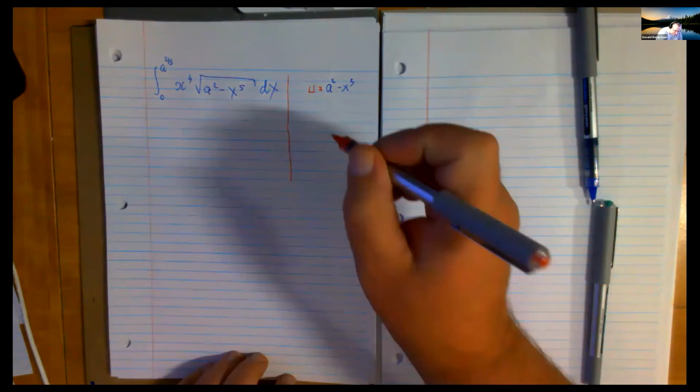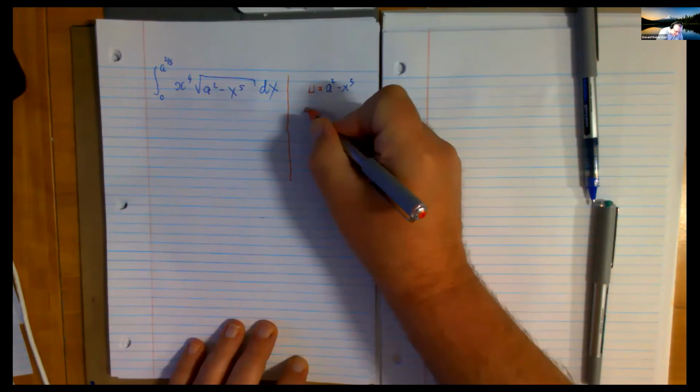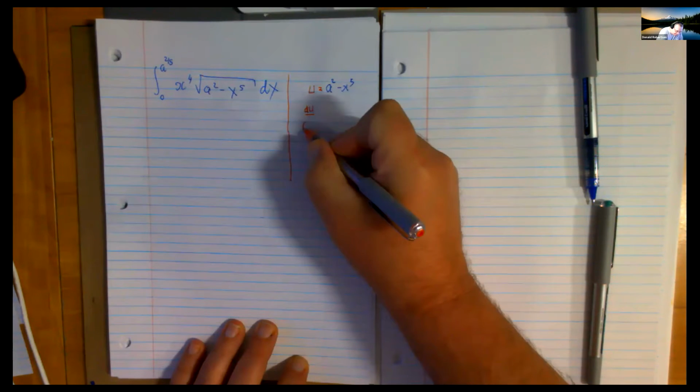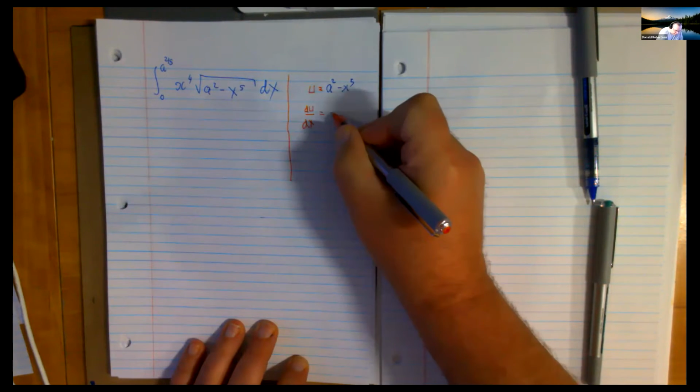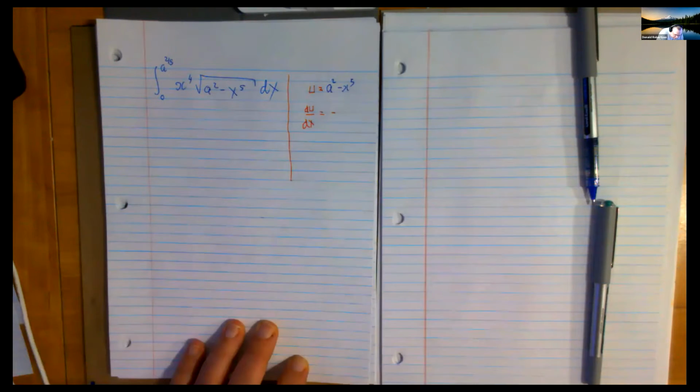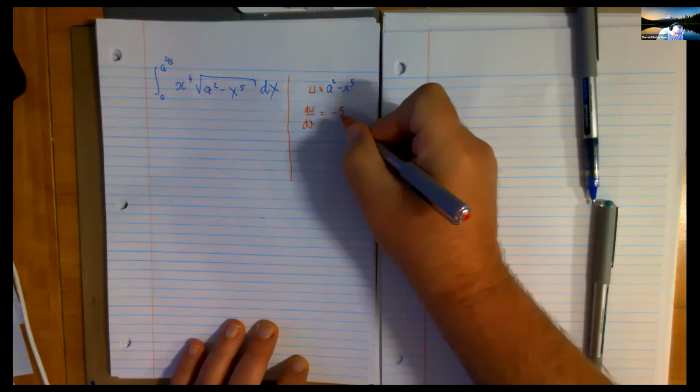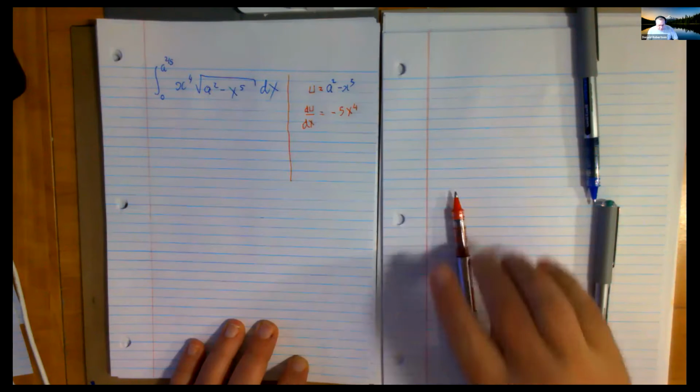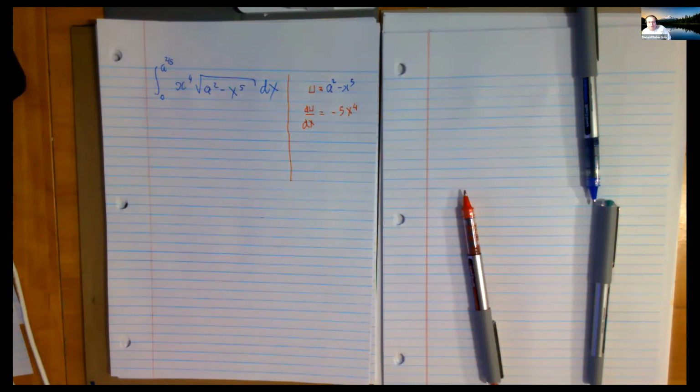If you did this U sub, I'll just take it a little bit further, then I'm going to stop on this one. If you differentiate it, you get negative 5x to the 4. What happens to the a squared when you differentiate it?